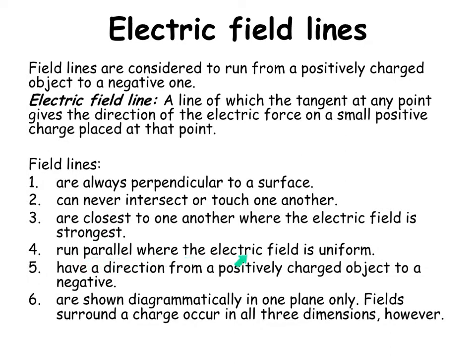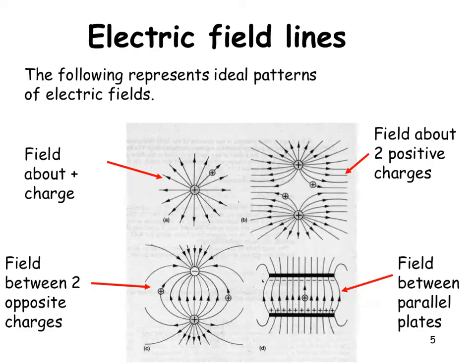They run parallel when the field is uniform. Uniform means it's even Stevens. They're from positive to negative, and they are not real. They are just a diagrammatic representation of a field. You do not really have field lines. They're merely there to try and give us a diagrammatic representation. They're on the paper, but a real field is in a three-dimensional space all around the charged object.